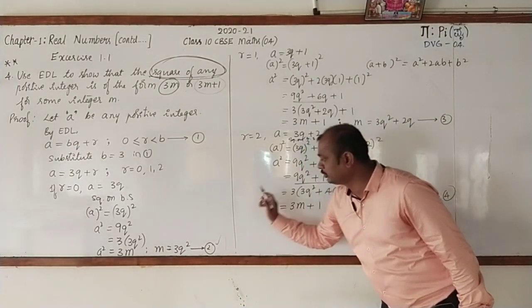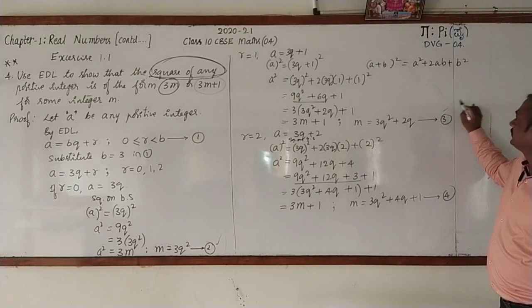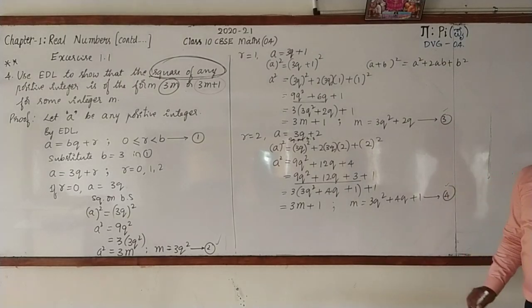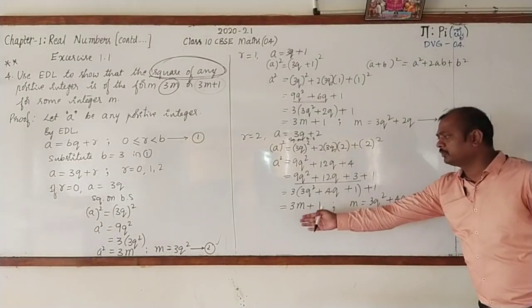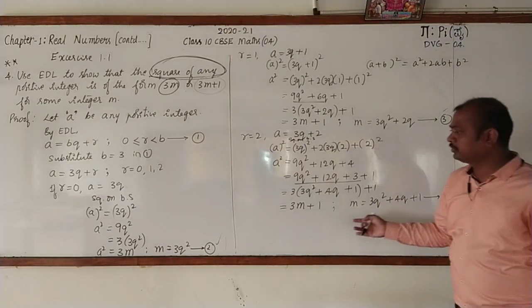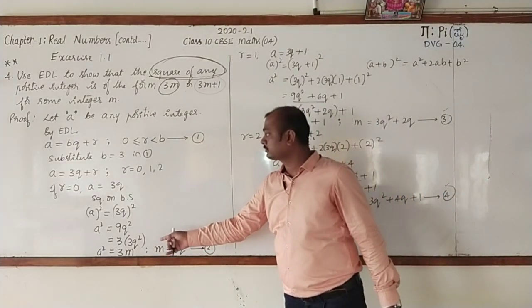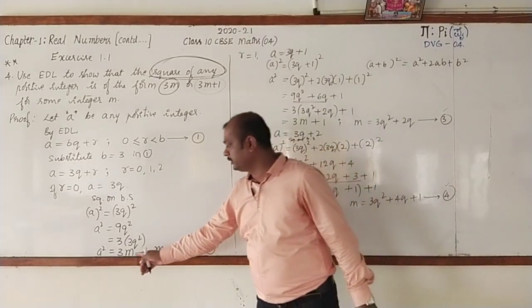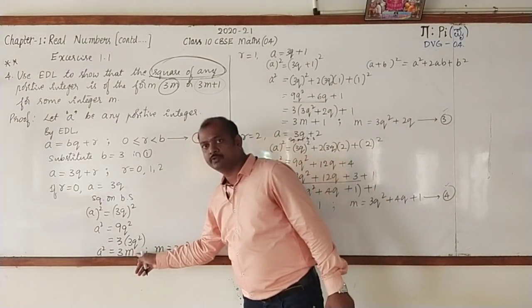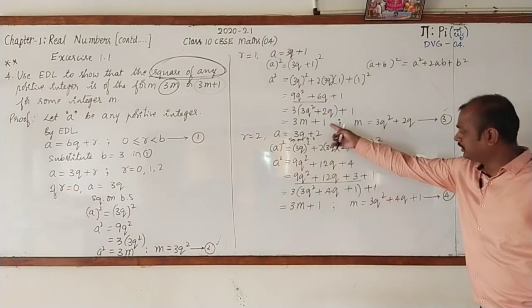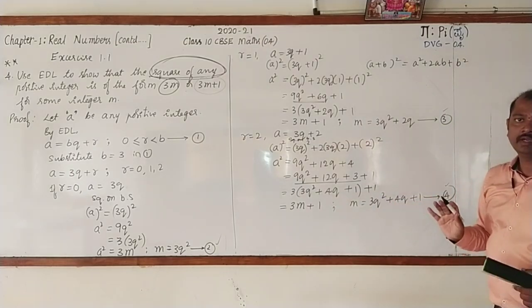Observe statement 2, statement 3 and statement 4. So from all the three, we can come to know that the square of any positive integer is either in the form 3m or 3m plus 1. Understood?